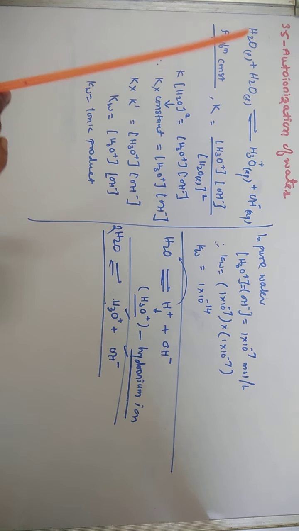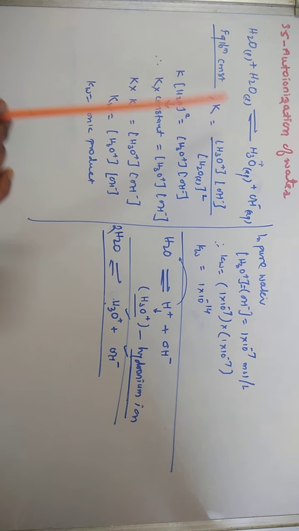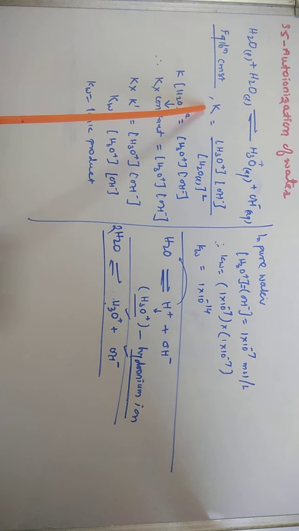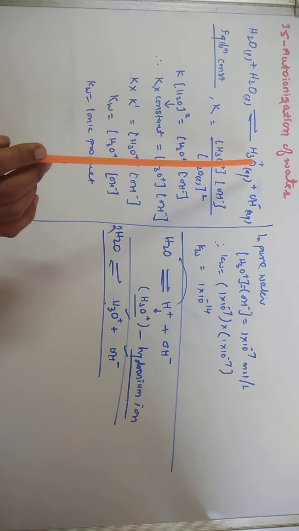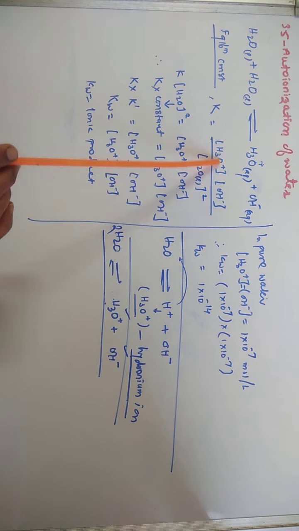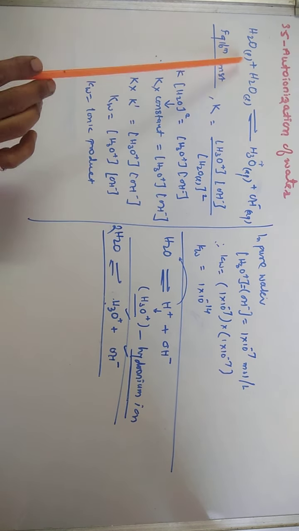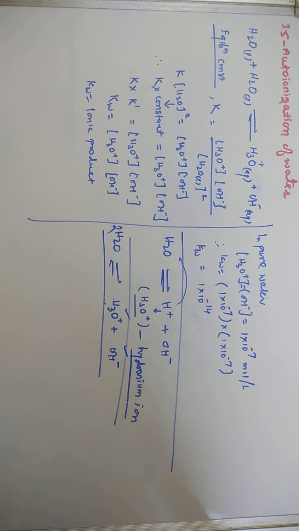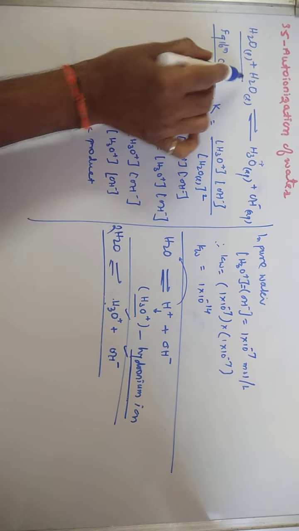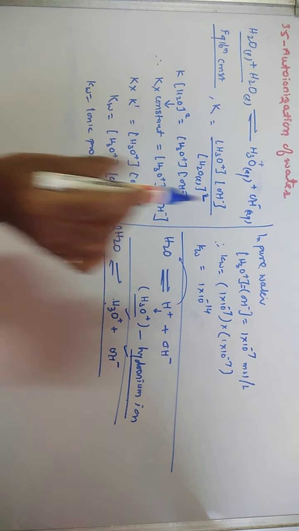Now it forms the equilibrium, and that's why the equilibrium constant for the ionization of water is written as K, the concentration of products divided by the concentration of reactant: concentration of H3O plus times concentration of OH minus divided by concentration of H2O, the whole square. The coefficient is 2 on the left side, 2H2O, so the power is 2.